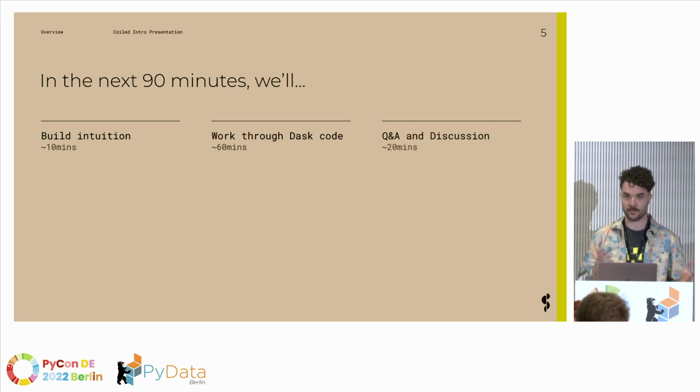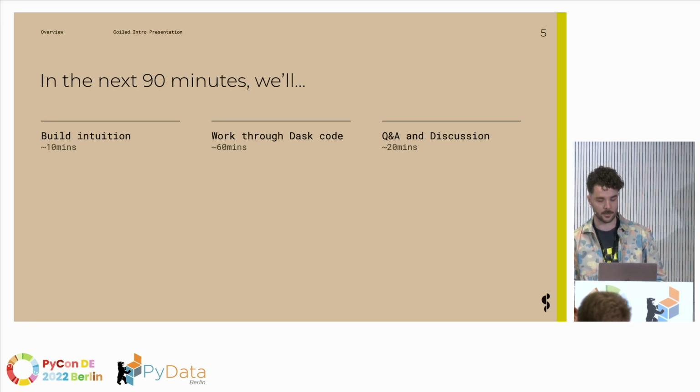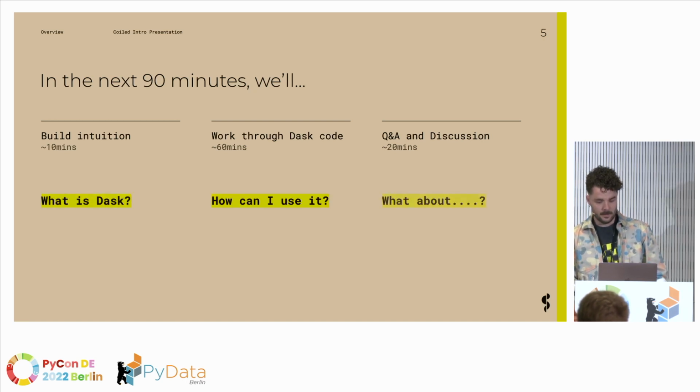And then in the end, we'll have about 20 minutes, depending on how the coding goes, for Q&A. But I'm also very happy to do that Q&A as we code. So basically, the bulk of this section will be interactive coding. We'll cover what is Dask, then look at how we can use it, and we'll end with any questions that you might have.